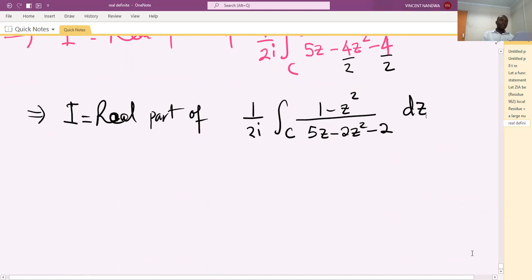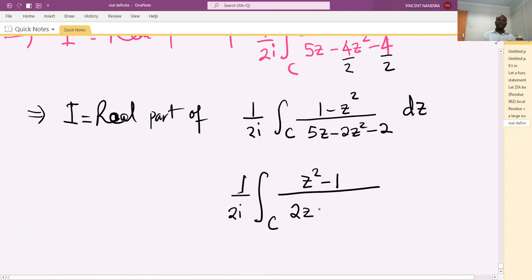So which we can write as 1 over 2i integral along C of z squared minus 1 over 2z squared minus 5z plus 2 dz.